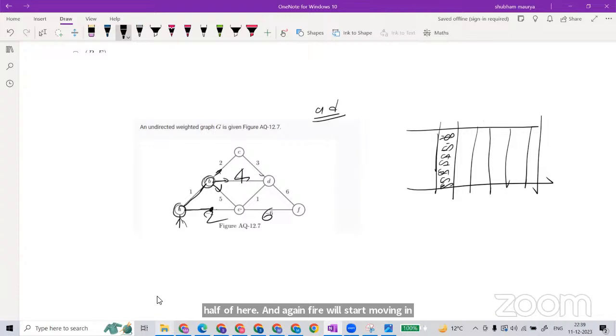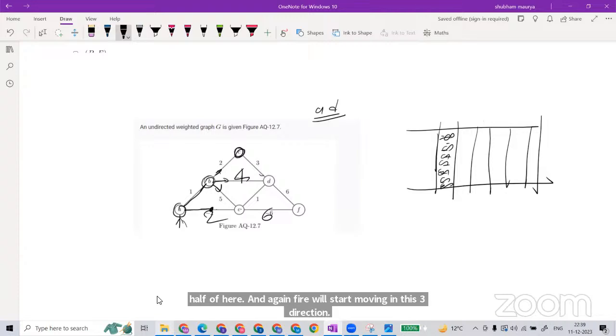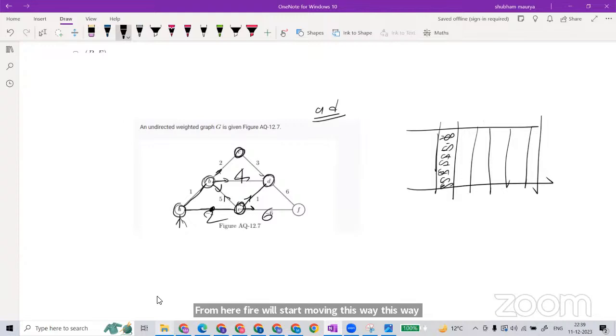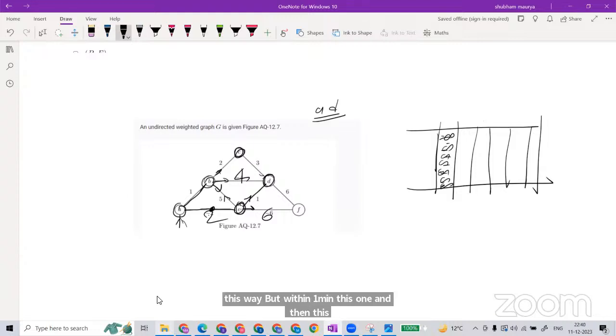And within 2 minutes, it will reach here, but it will take 2 minutes. So here it will take 1 minute and then 1 minute. So from here, fire will start moving this way, and this way. But within 1 minute, this one, and then this one, it reaches the place where we want to find the shortest path.